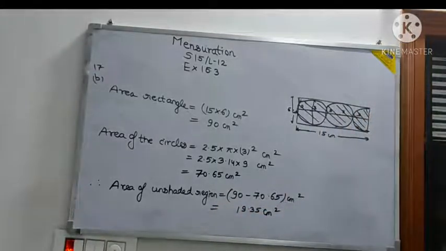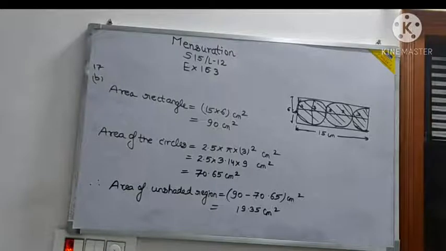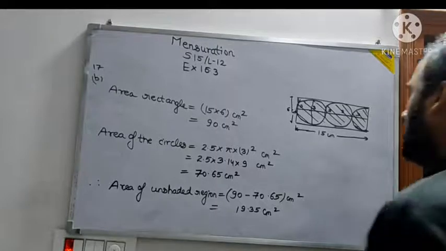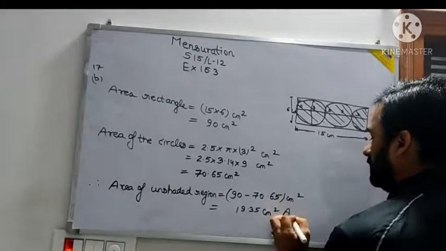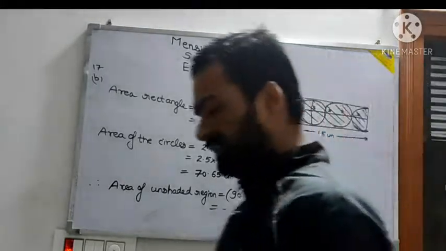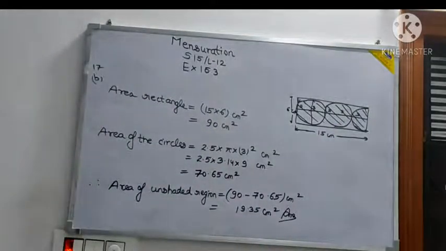This should be the answer. Let's check out the answer. Yes, 19.35 centimeter square. Now how I have done this question: simply calculating the area of the rectangle and then calculating the area of the 2.5 circles. You have to visualize that by yourself, and once you visualize that, you will be getting the answer also.